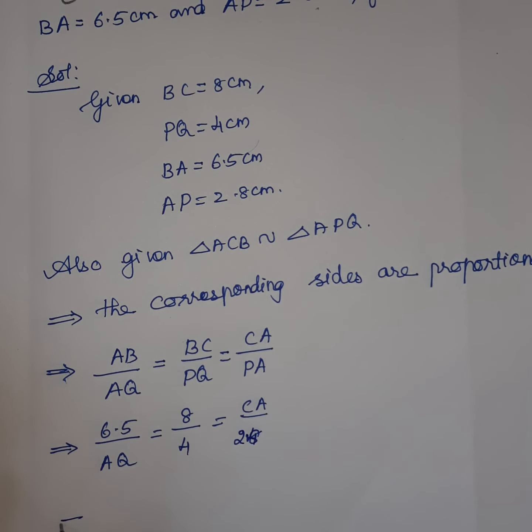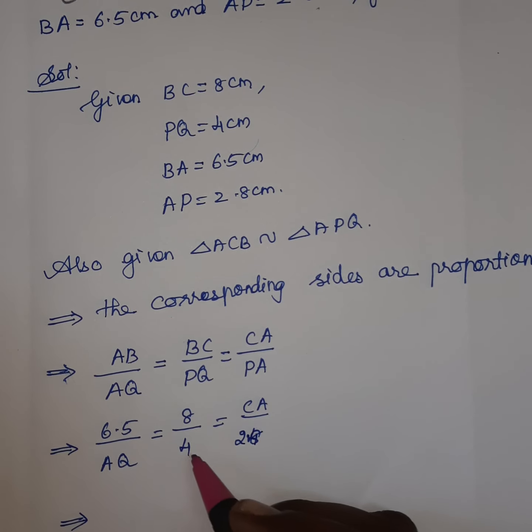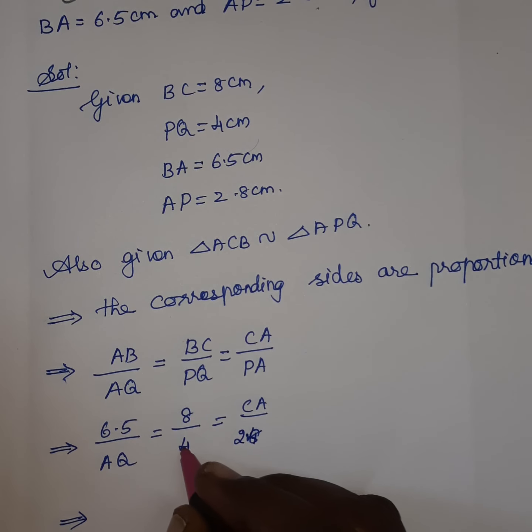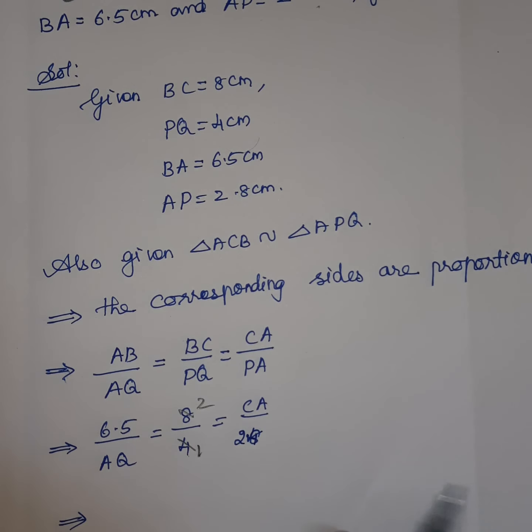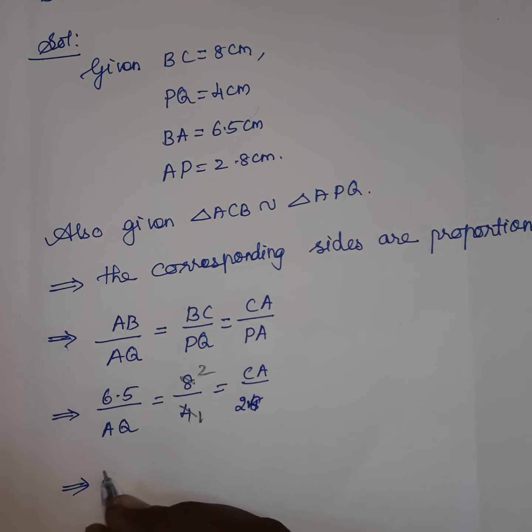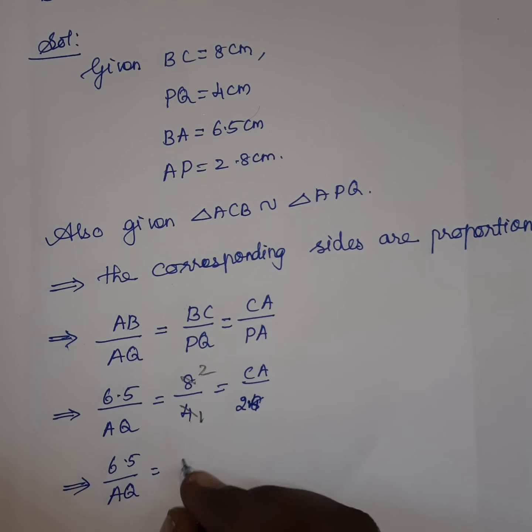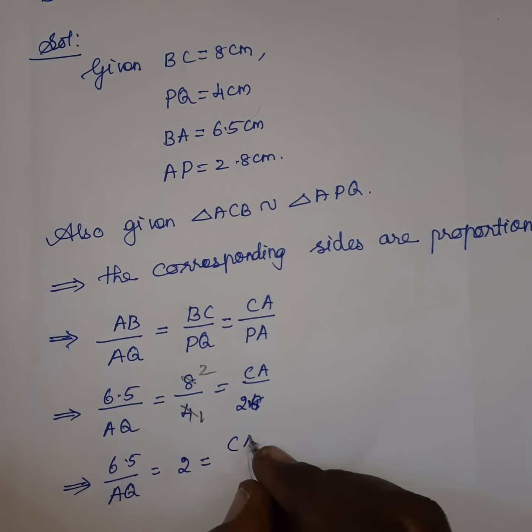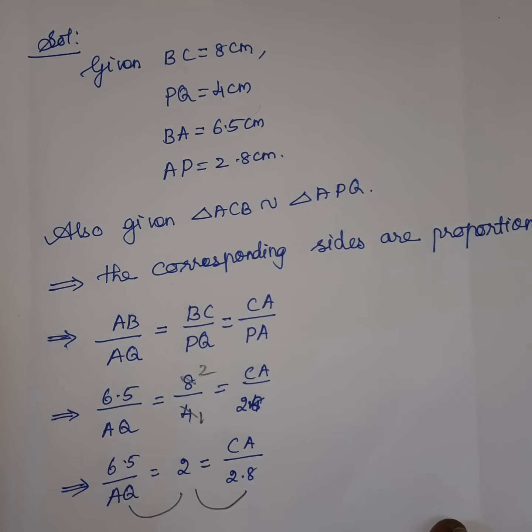Okay, 2.8. Now we can do this middle ratio, since both numerator and denominator are given, we can reduce it. So first we can reduce and choose the ratios. 1 4 is 4, 2 4s are 8. Okay, so the ratios are like this: 6.5 divided by AQ equal to 2, which is equal to CA divided by 2.8. Now we can cross multiply. So take the first and second ratio and second and third ratio, then cross multiply.